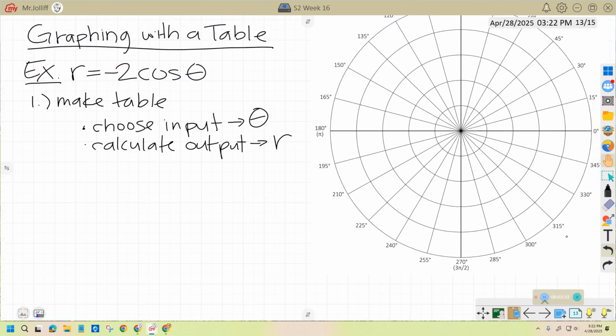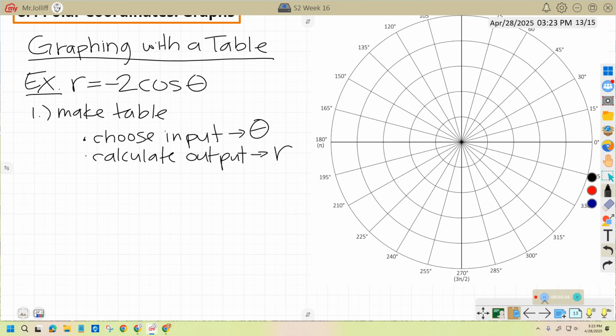Actually, let's do it where I can see that graph. We'll do it sideways.